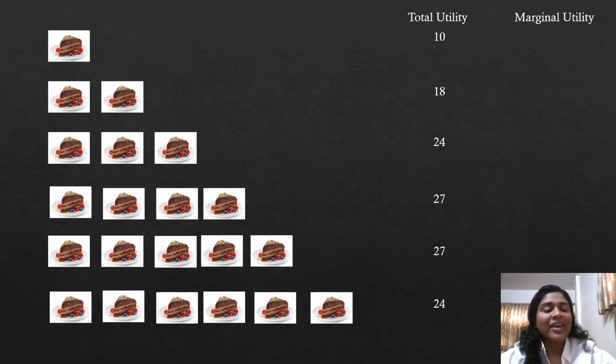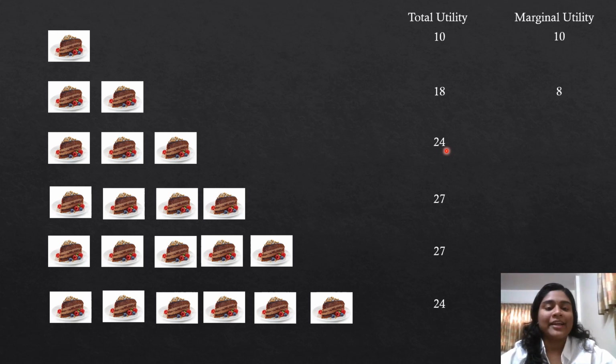So when we are having the first piece of cake, the total utility and the marginal utility are both 10. When we have two pieces of cake, the total utility has increased from 10 to 18. So what would be the marginal utility? How much has it increased? It has increased by 8 points.